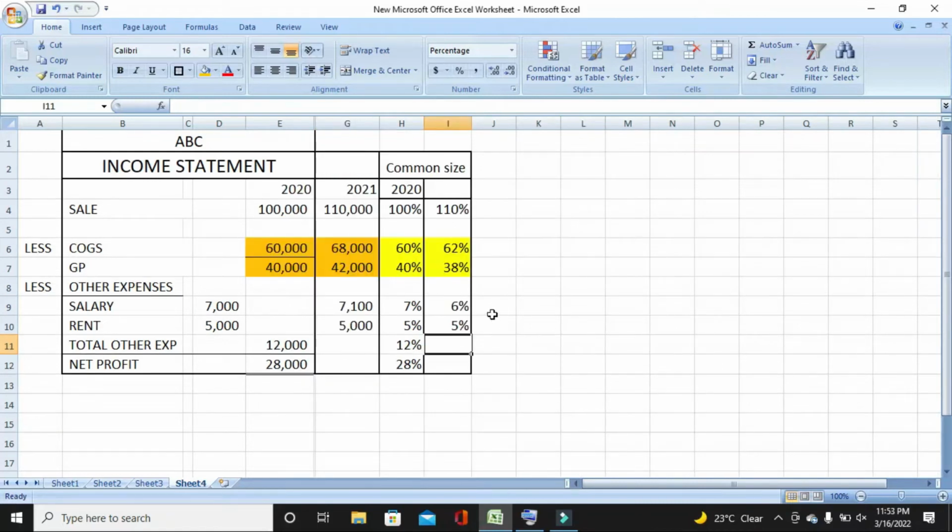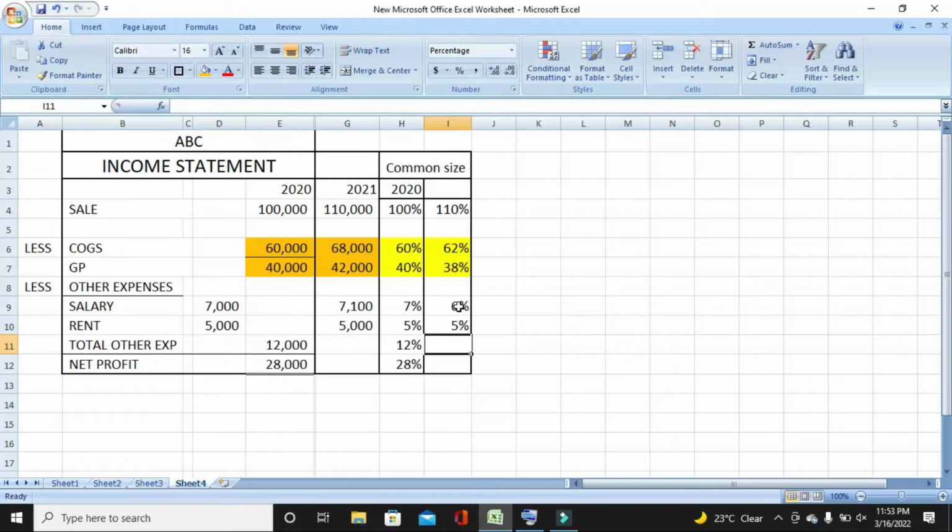Okay guys, we can see that the salaries of the employees have declined over the year. Salaries were 7% of the total sales, now salaries are 6% of the total sales. That means our employees have worked more efficiently than in the previous year.